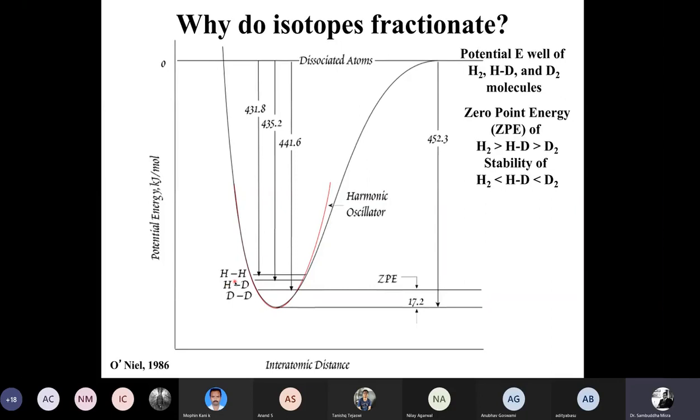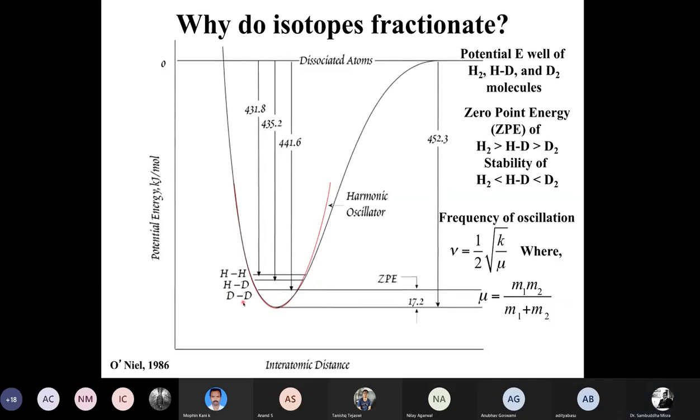For this particular system to participate in any chemical reaction, we have to break these bonds. To break these bonds, we have to supply them with a particular amount of energy. The deeper in the well that you sit, the more energy you require to become reactive. Heavier isotopes are sitting deeper in the well, because the frequency of oscillation is a function of the reduced mass, and the k here stands for the bond strength, and we know that the bond strength per se is a function of mostly difference in electronegativity.